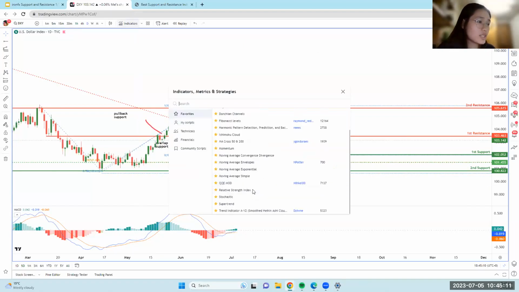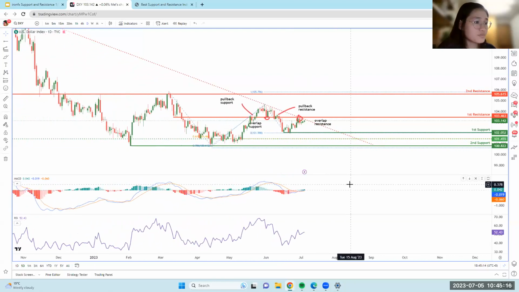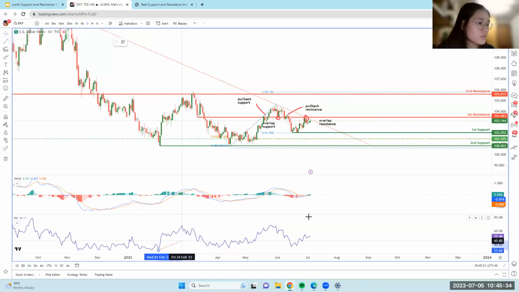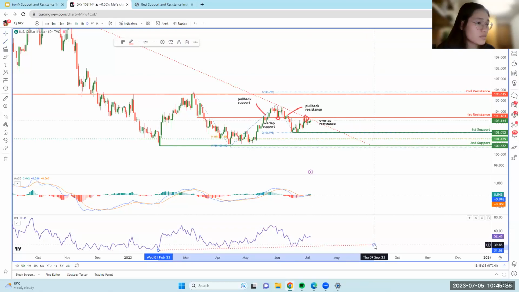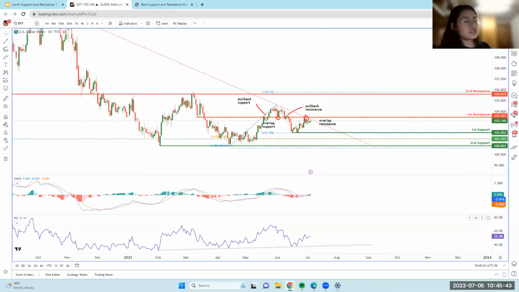Now let's pull out another indicator. Okay, so we see this slight increasing trend line here.